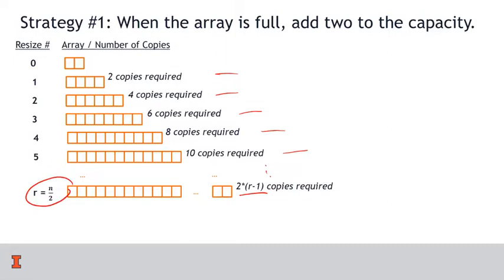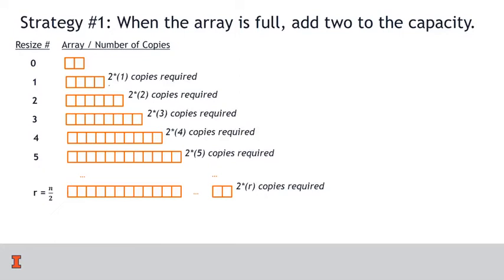And what we want to do is change this into a syntax that we can easily add together, because 2 plus 4 plus 6 plus 8 is kind of rough. Instead, in terms of number of resizes, this is going to be 2 times 1, 2 times 2, 2 times 3, and so forth.